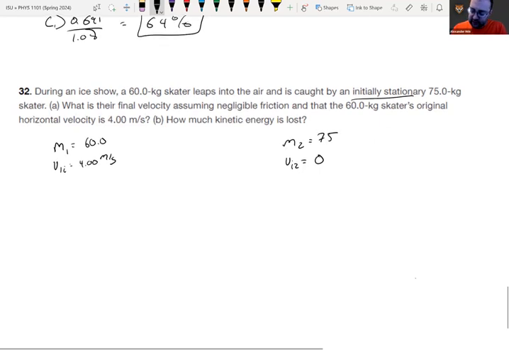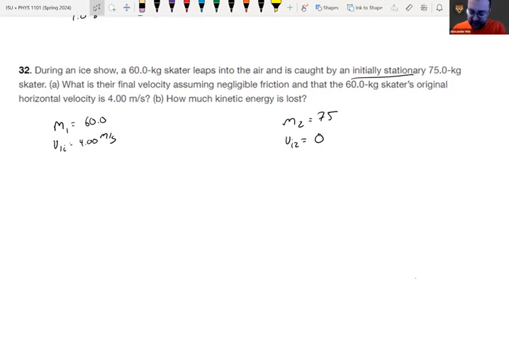Then we want to know how much kinetic energy is lost. I would go ahead and calculate the initial kinetic energy as well. P1 initial is just 60 times 4, which is going to be 240 kilogram meters per second.